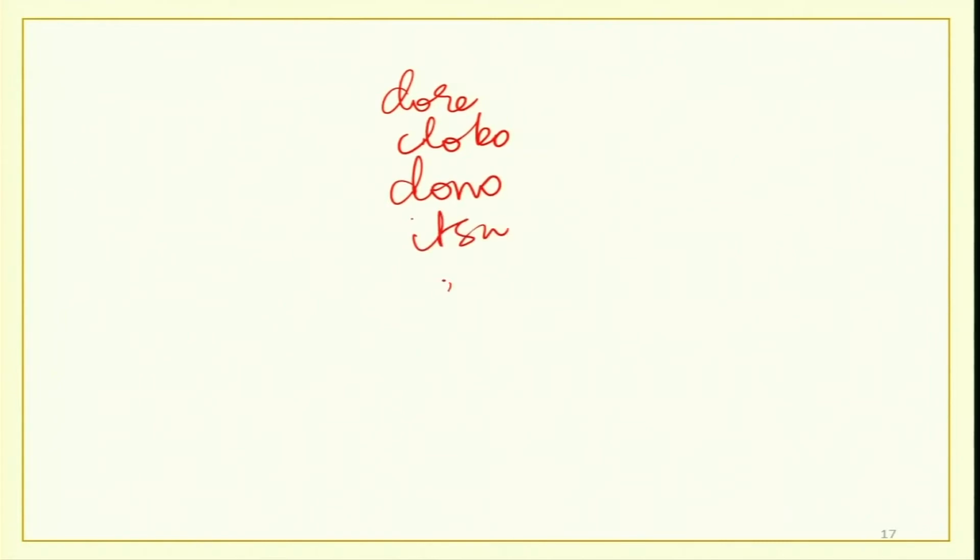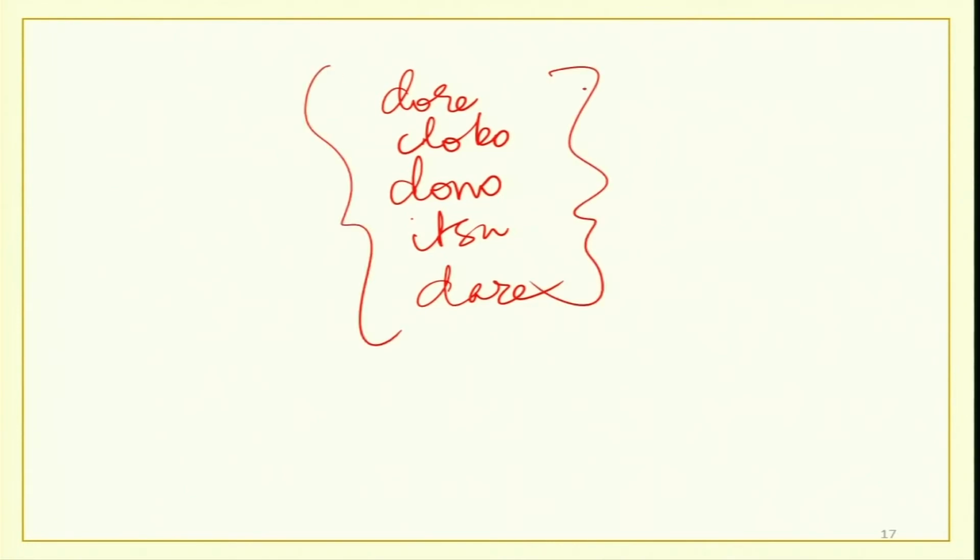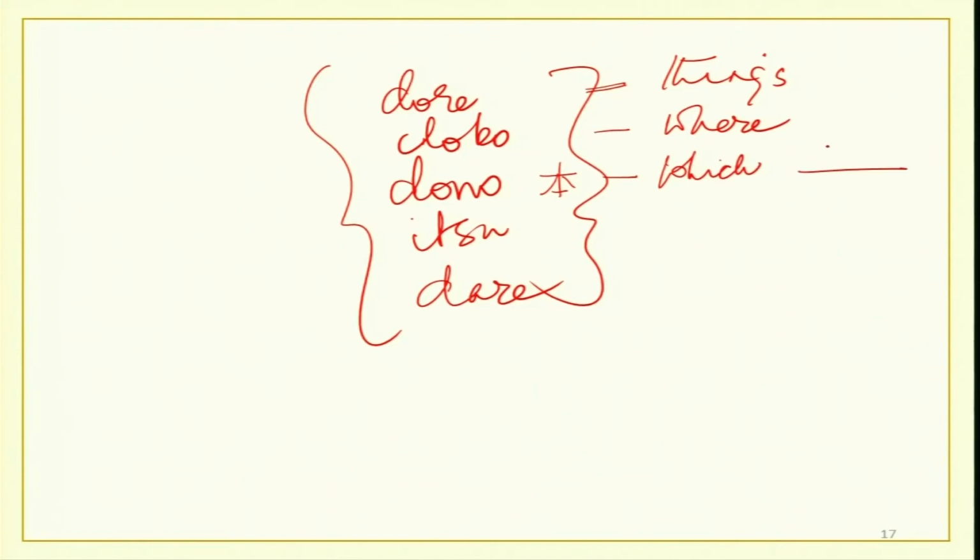itsu, dare. What does it mean? We have done a number of times, it is just that it is good to revise. So, dore is used for things as I just told you. Dore desu ka? Doko desu ka? Where? Doko desu ka? Dono hon desu ka? Which hon are you talking about? Which of the two?